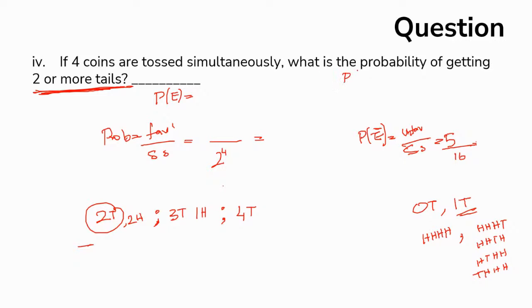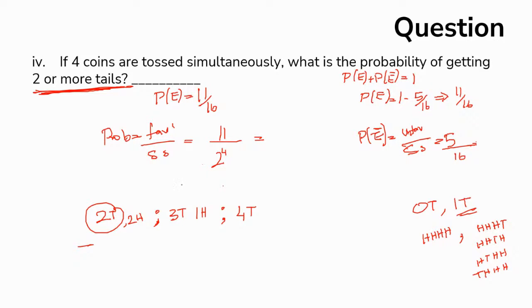We know that favorable event plus unfavorable event is going to be a value of 1. So if this unfavorable event goes on the other side, P of E is 1 minus 5 by 16, so it is going to be 11 by 16. So the favorable event value is 11 by 16.